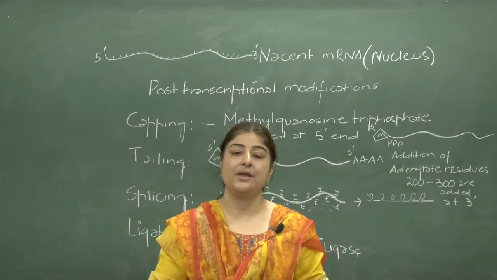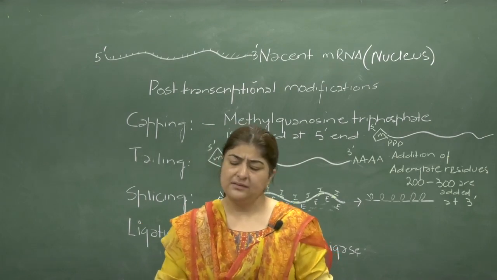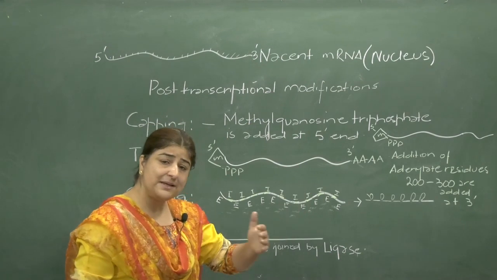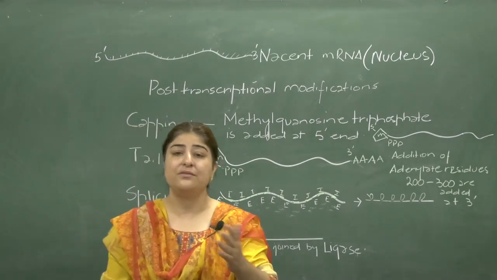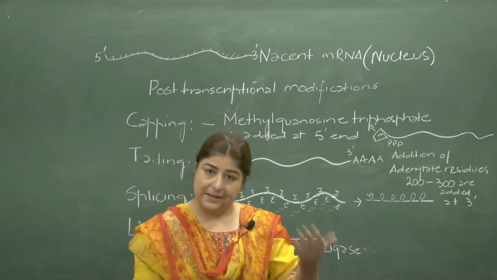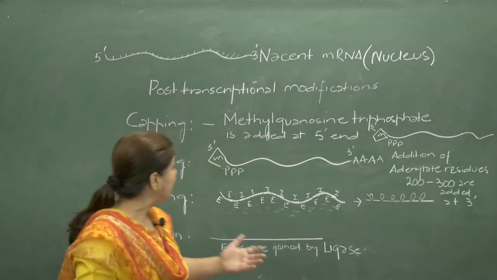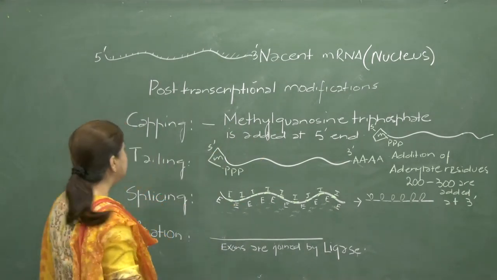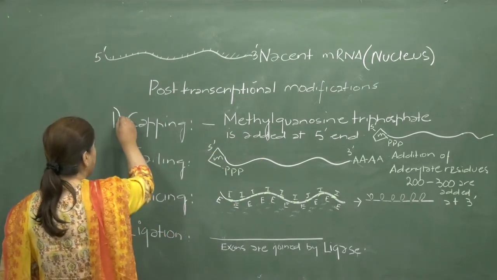But in case of eukaryotes, there is something different. Once this nascent mRNA has been transcribed, it is not functional. It needs to undergo certain modifications to become functional.